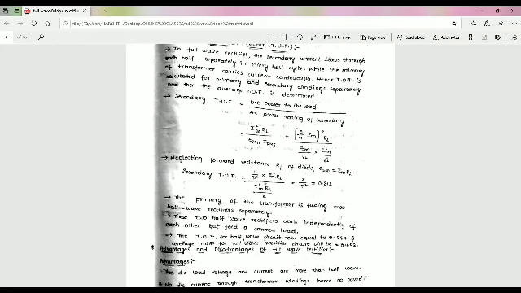The advantages of the full wave rectifier are that the DC power, voltage and current are more than the half wave. There is no DC current through the transformer windings, hence no possibility of saturation.